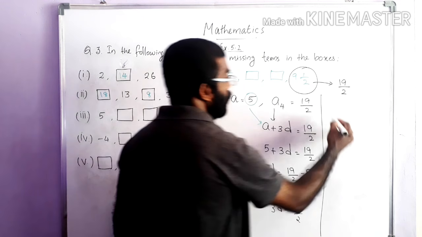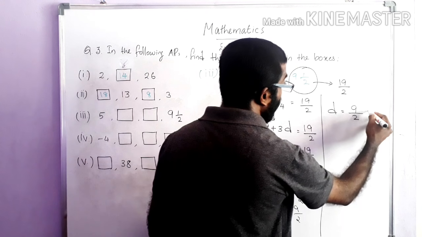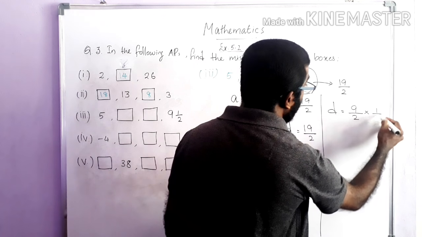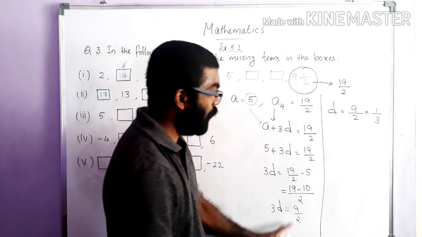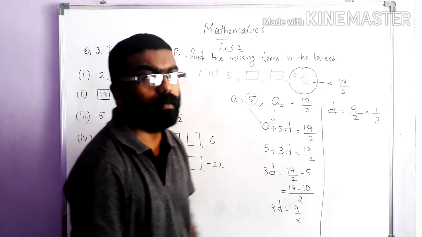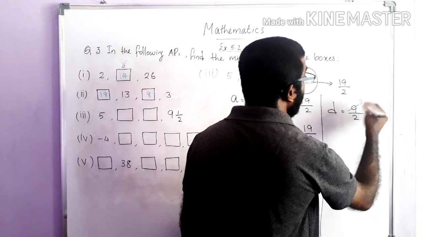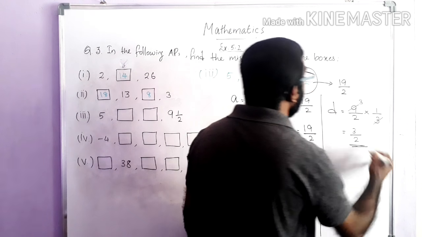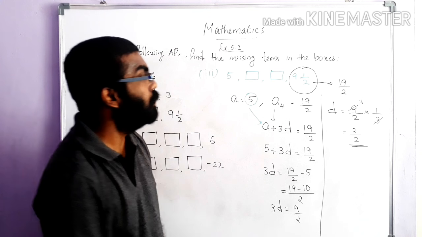From this we can write the value of D. D is equal to 9 by 2 into 1 by 3, since the 3 comes to the right side and goes to the denominator. So 2 into 3, and 3 and 9 we can cancel 3. 3 into 1 is 3, so 3 by 2. So the value of D is 3 by 2.